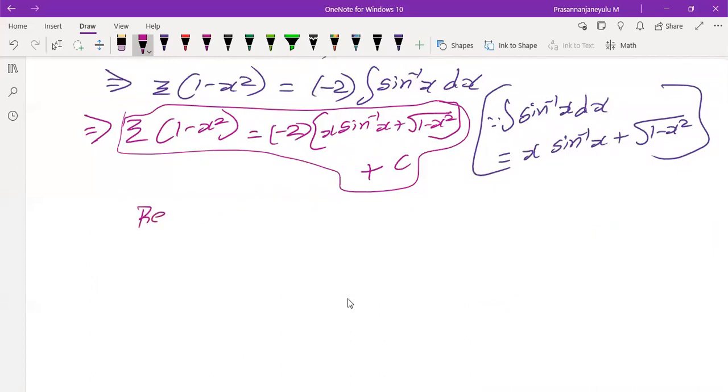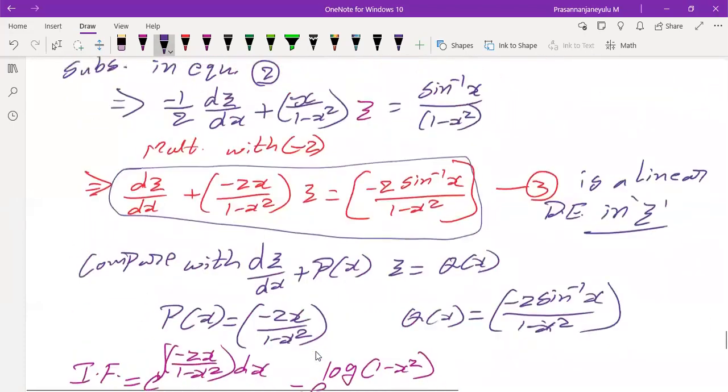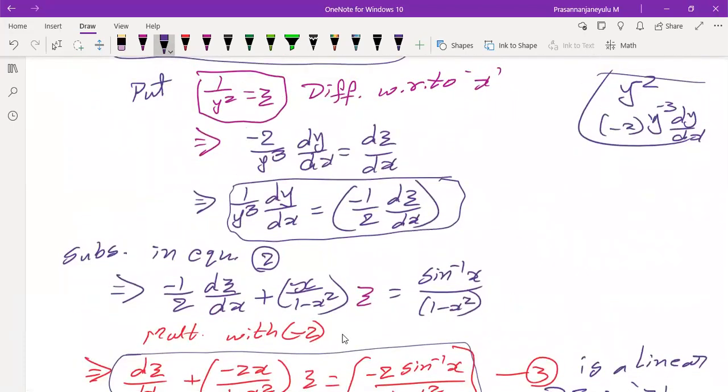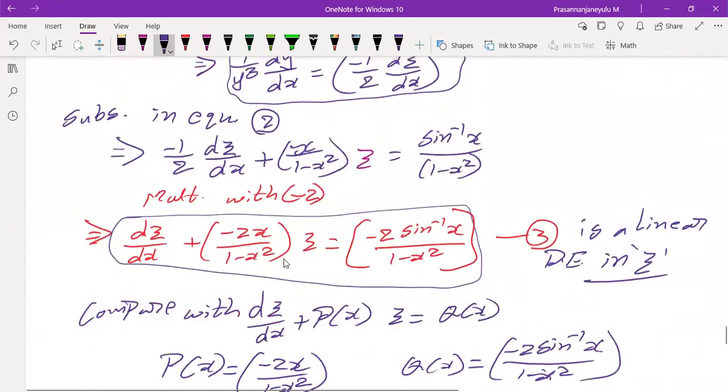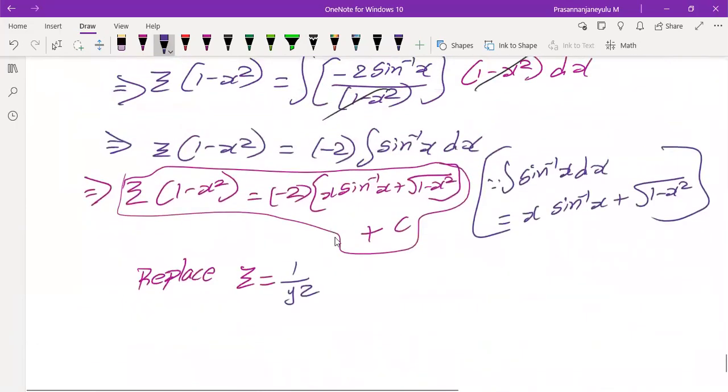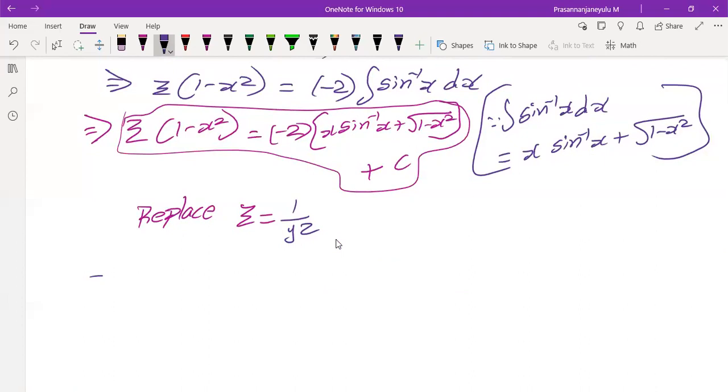So how to find the general solution of equation number 1? Replace z. What did we substitute z equal to? 1 by y square. Yes, we substituted z equals 1 by y square. So replacing, we get 1 minus x square into z, where z is 1 by y square.